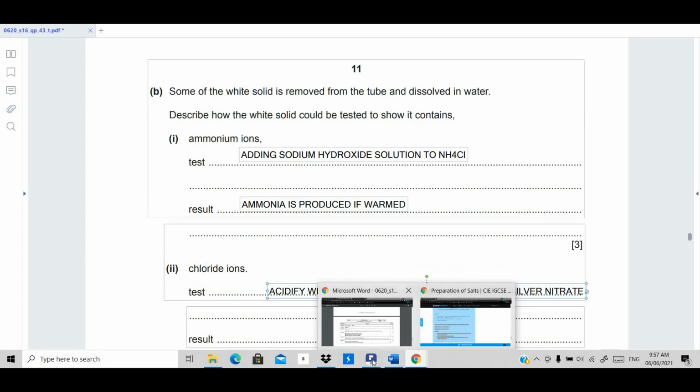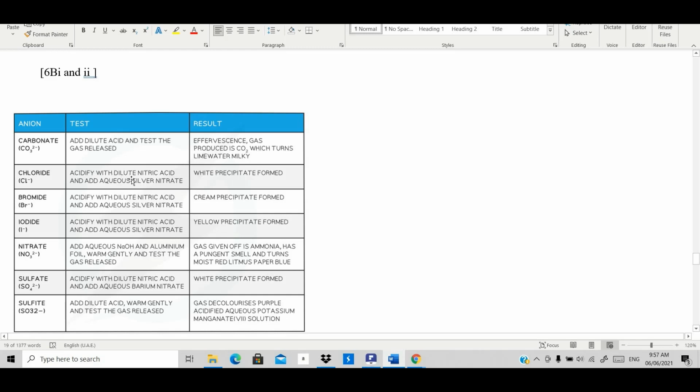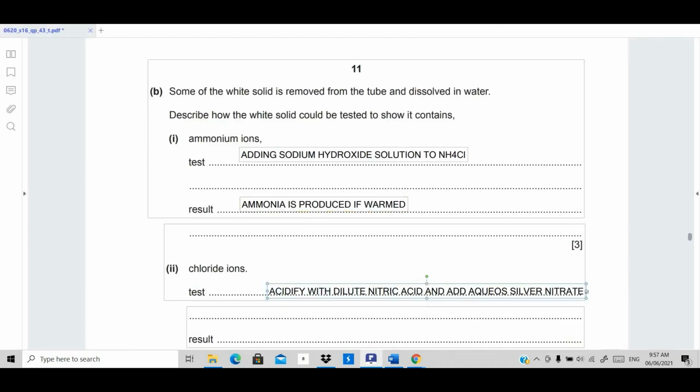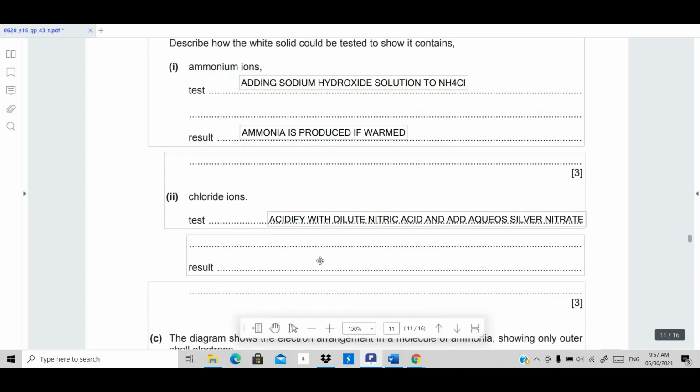A white precipitate will form. Okay, this is the result: white precipitate forms. Okay, moving on to part C.